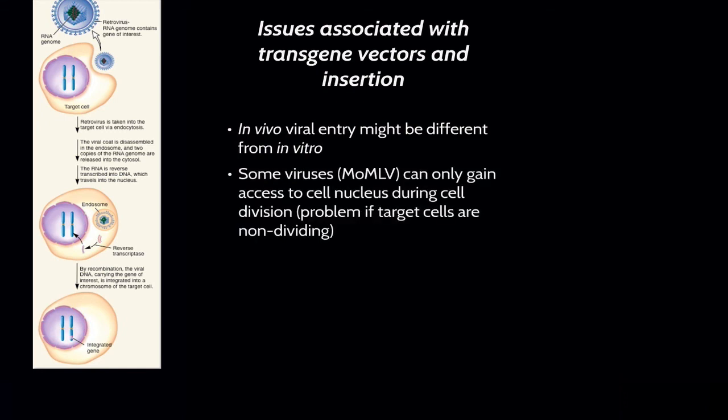Okay, and their choice of virus might not have been ideal in this case either, although there are lots of rapid cell divisions in blood cells. You can imagine that a virus that can only gain access to a cell's nucleus when that cell itself is dividing would not necessarily be desirable as a vector of a transgene, especially if you were targeting other cell types that were non-dividing or really slow to divide.